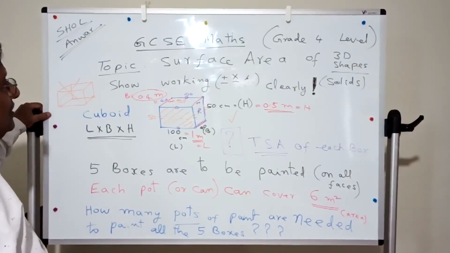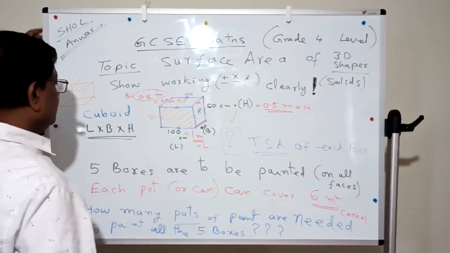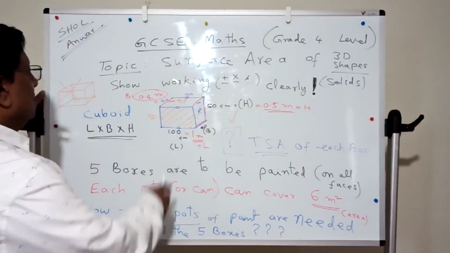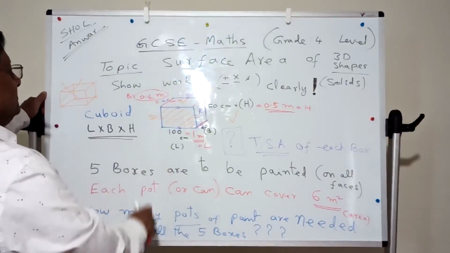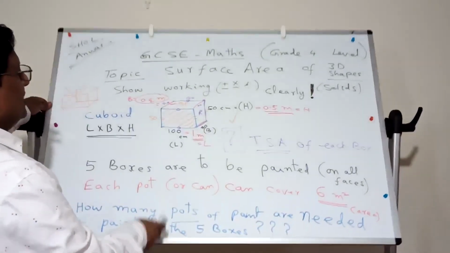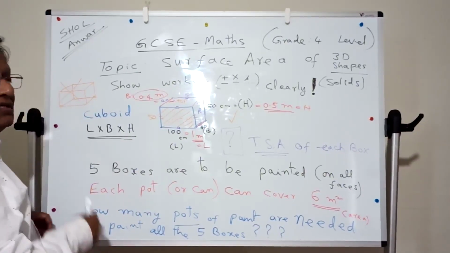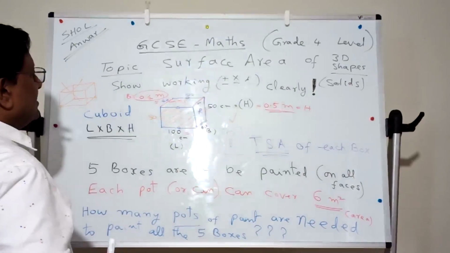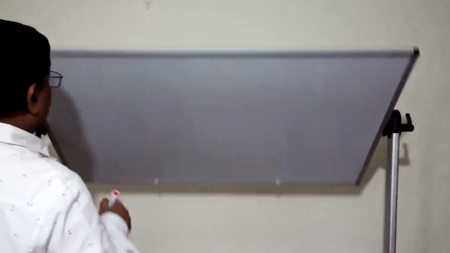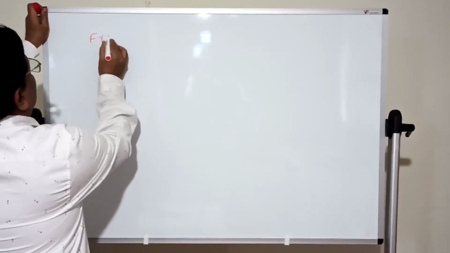Let us now do the surface area of the one box first. For that you need to know each surface area. And instead of drawing the complete solid, you can always go surface by surface. Let us do the front surface, 100 by 50. You draw a rectangle. First write front.